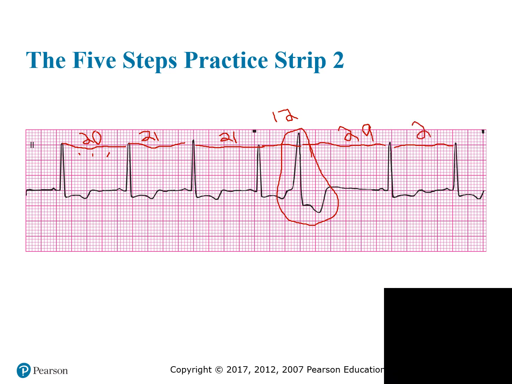What this rhythm is doing is, being that it has this premature beat right here, it then goes to 29, 5, 10, 15, 20, 25, 26, 27, 28, 29. And then it goes back to 21, meaning it's going back to regularity.